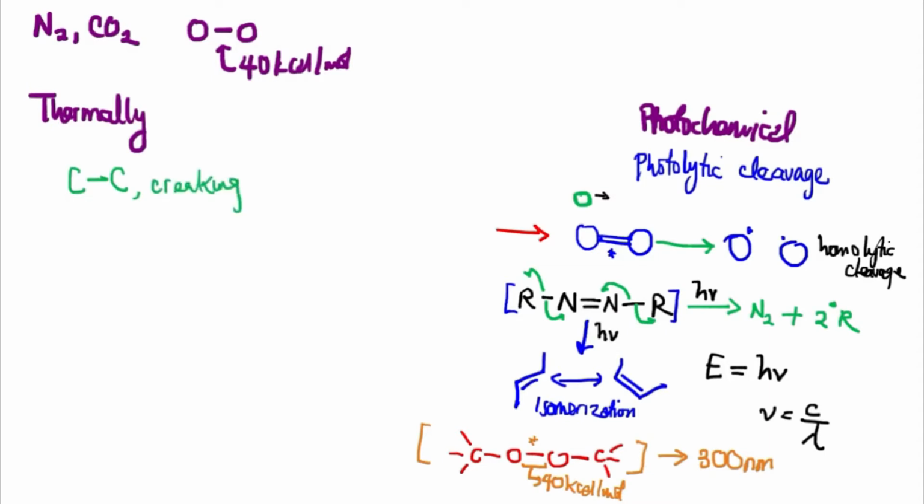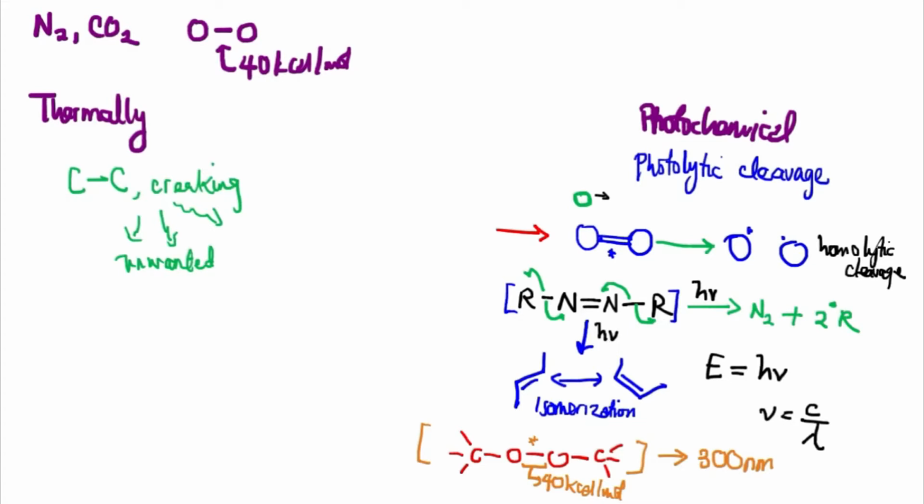This is interesting because cracking leads to so many unwanted side products, which is a disadvantage because we're not able to target a specific bond compared to photochemical reactions, where you just need a particular amount of energy for a specific bond. In the thermochemical process, unwanted bonds are targeted, and that leads to unwanted side products.